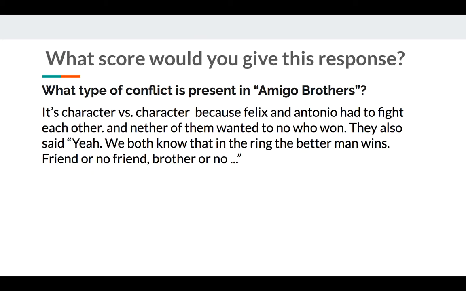And finally, we have a sort of average response. What score would you give this one? It's answering the same question, what type of conflict is present in Amigo Brothers? This person wrote, "It's character versus character because Felix and Antonio had to fight each other, and neither of them wanted to know who won. They also said, 'Yeah, we both know that in the ring, the better man wins. Friend or no friend, brother or no.'"